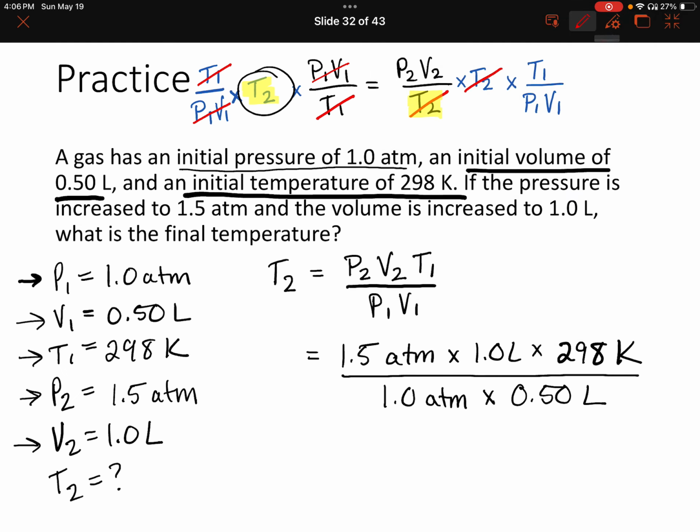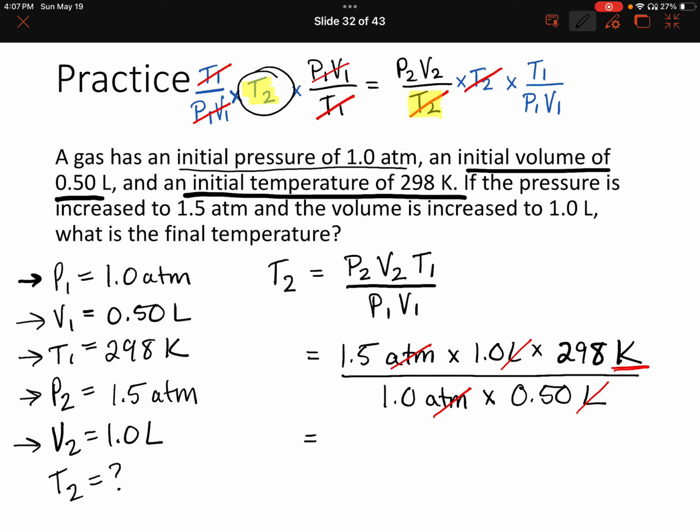All right, so let's make sure our units cancel. Atmospheres cancels with atmospheres, liters cancels with liters, and we're left with Kelvin, which is what we want. We want our final temperature value, and that unit should be in Kelvin. Okay, so in our calculators, we're just going to plug in 1.5 times 1 times 298, and then we'll divide by 1 times 0.5.